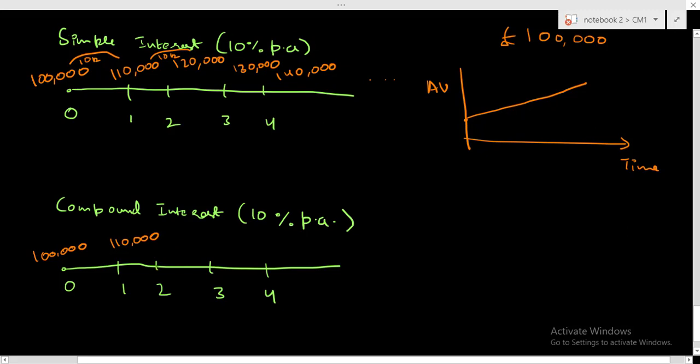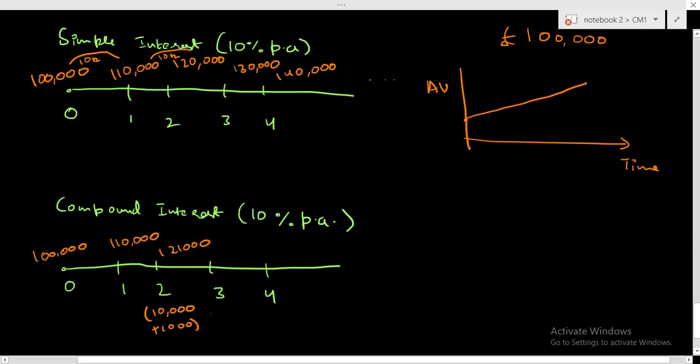Now after this, 10% of the original amount, that is the principal, is added, and 10% of the past interest, that is 10,000, 10% of that is also added. So of the original amount 10% is 10,000 and of the past interest 10,000, 10% is 1,000. So 11,000 will be added. This becomes 121,000, right?